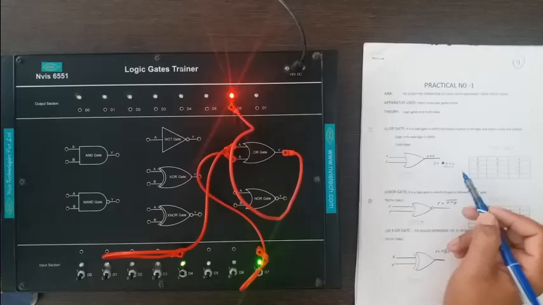So in case of XNOR gate, this gate is opposite to XOR gate.